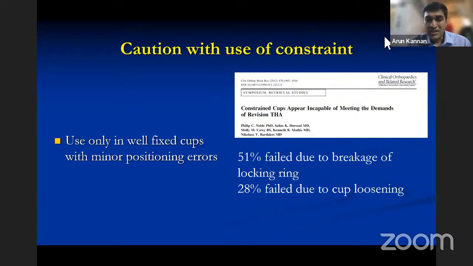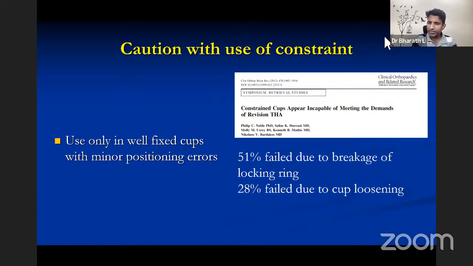If you are putting a constraint liner in a primary cup, where you are fixing a new cup and using a constraint, then the chances of failure are high because it transfers all the stress to the acetabular bone interface. If you already have a good cup and you are not worried about the cup pulling out, then that is a good case for using a constraint insert. Even for abductor deficiency as well as for neuromuscular hips, dual mobility has been shown to have good stability.